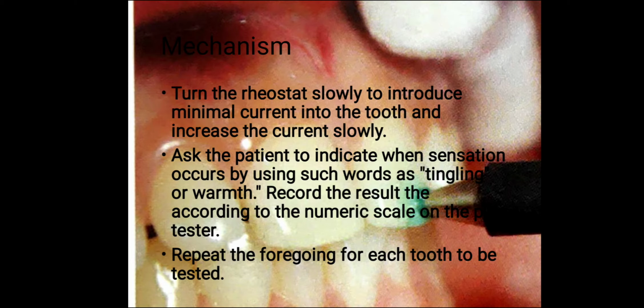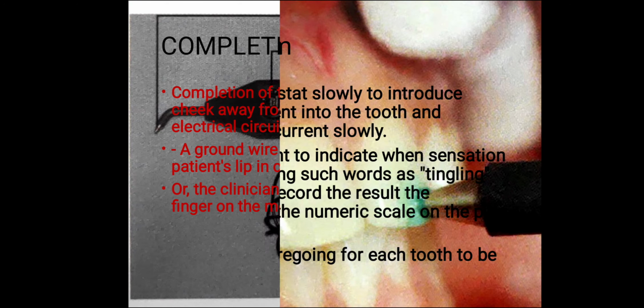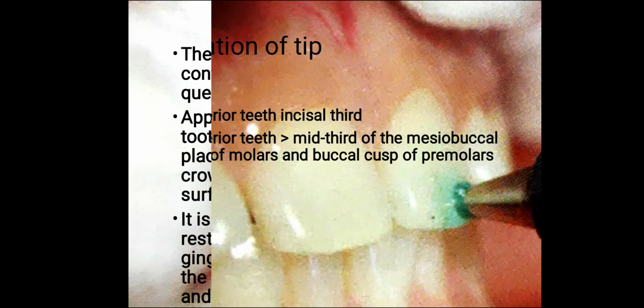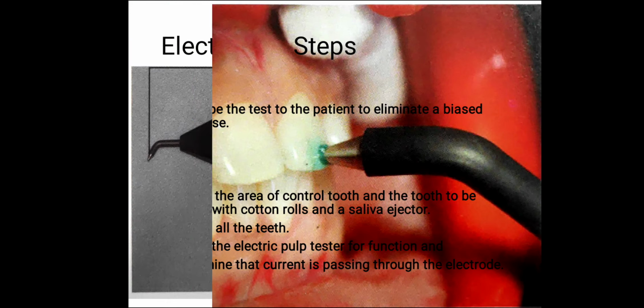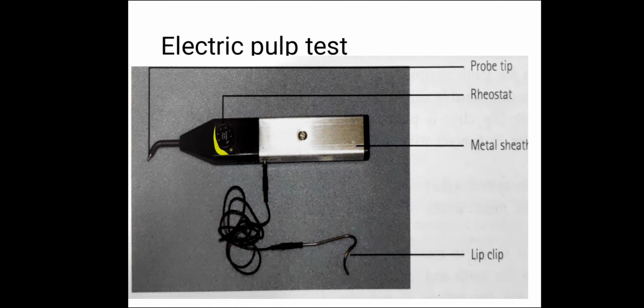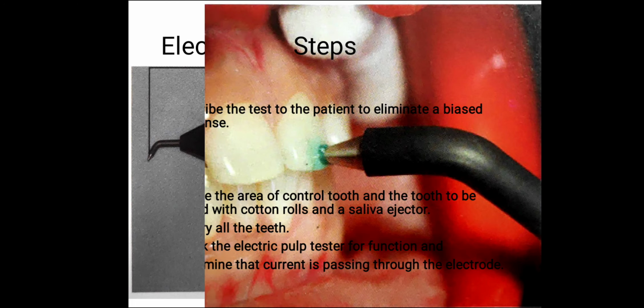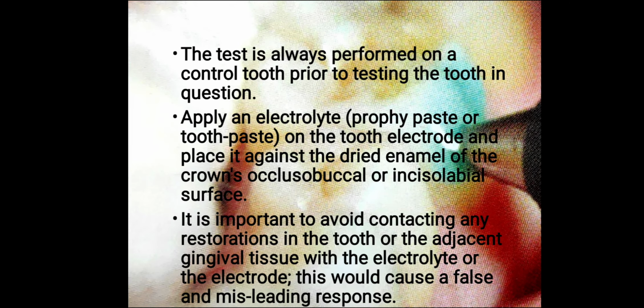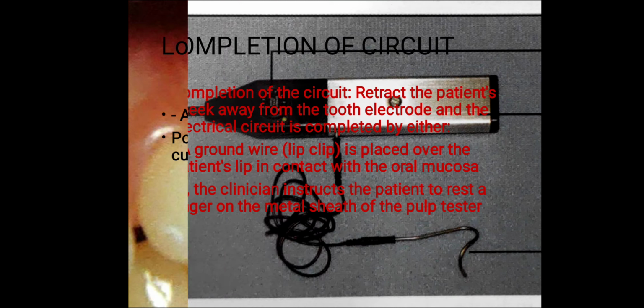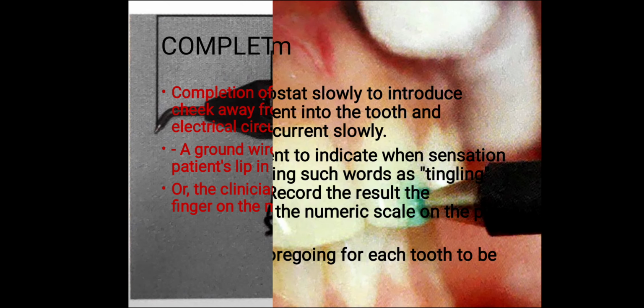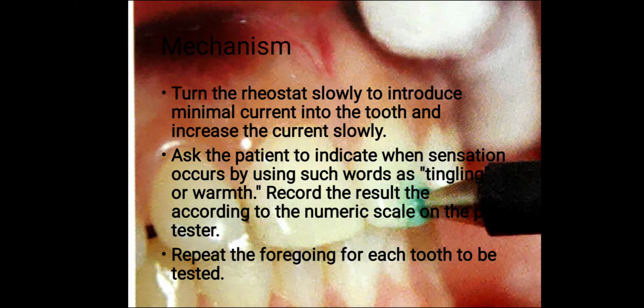Record the result according to the numeric scale on the pulp tester. The readings would be shown here. Ask the patient to indicate when the sensation occurs, then record the result and repeat the test for each tooth to be tested.